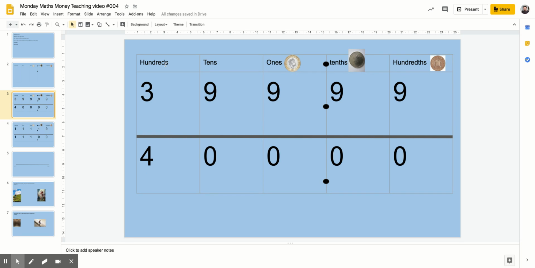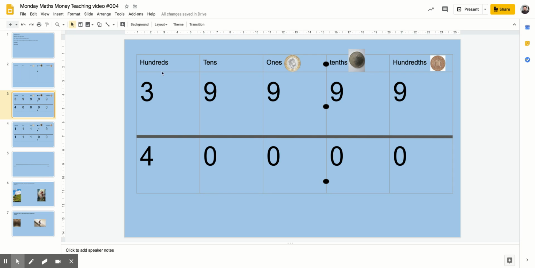And on the tens, we've got 9 tens, which represents £90 and 0 here. But this is the crucial part of this comparison. We've got 3 hundreds here, and we've got 4 here. So the 300s is worth less than the 400s. Now, the key thing is, because the hundreds column is worth most in this place value chart, then if we're looking at which value is greater or which value is less, then the hundreds column is the most important column to look at here.